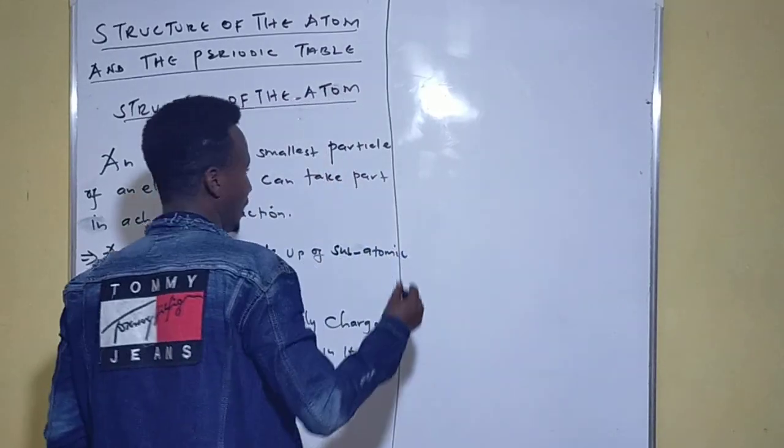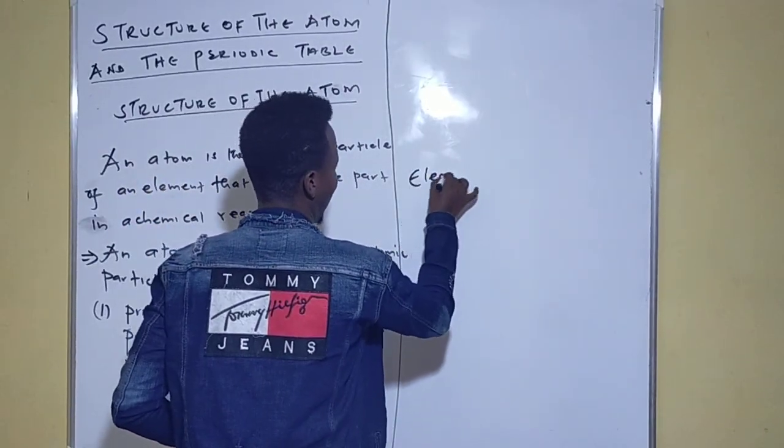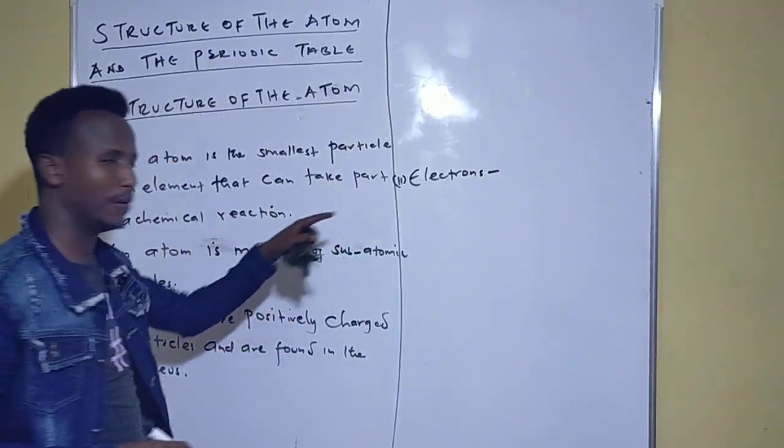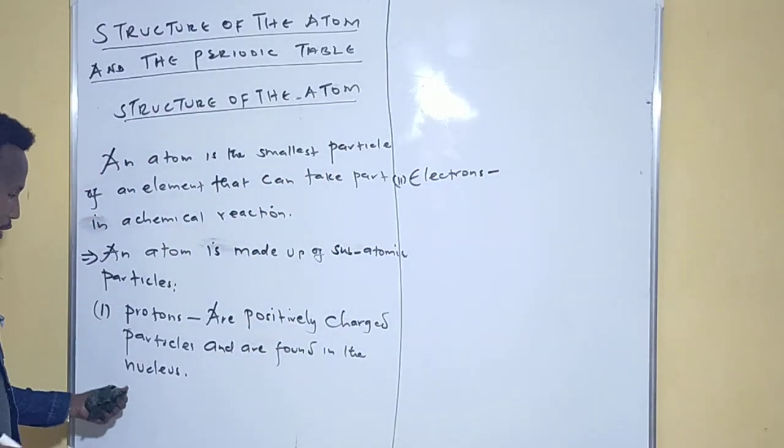Then the next one is what we normally call electrons. This is Roman 2, another subatomic particle that makes up an atom.